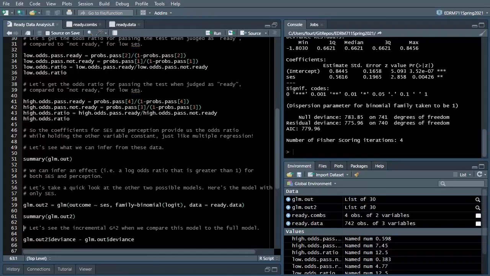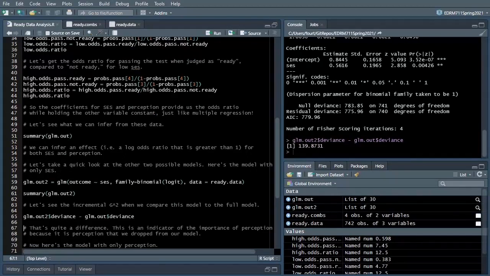Because SES is in the full model, and it's also in model 2 that we just created. So the change in the model is perception, and so the change in deviance will be due to dropping perception from the model. What I find is a change in G-squared of 139.9.